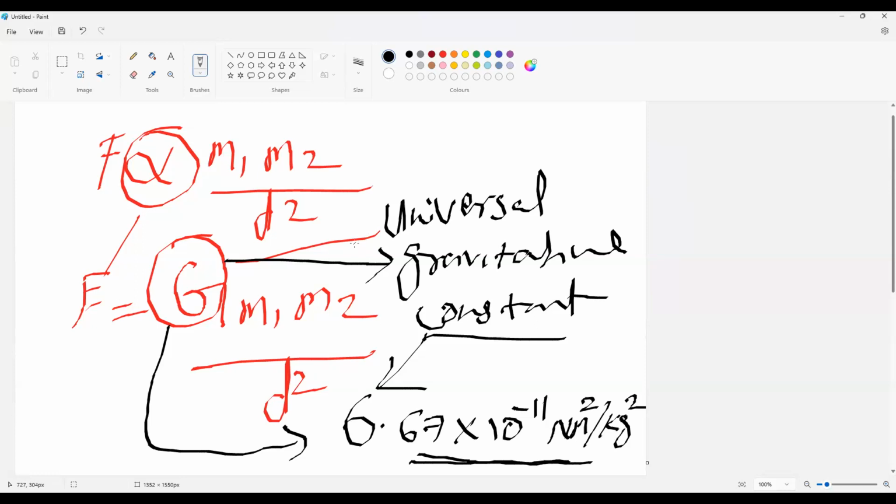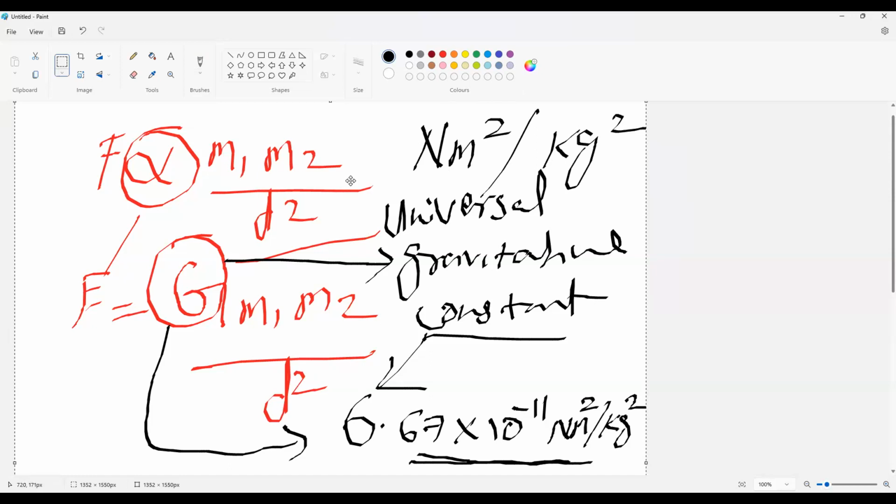Newton meter square by kg square. Any quantity in physics has an SI unit, so the SI unit here is Newton meter square by kg square. Now I'll tell you how this Newton meter square and kg square has come.